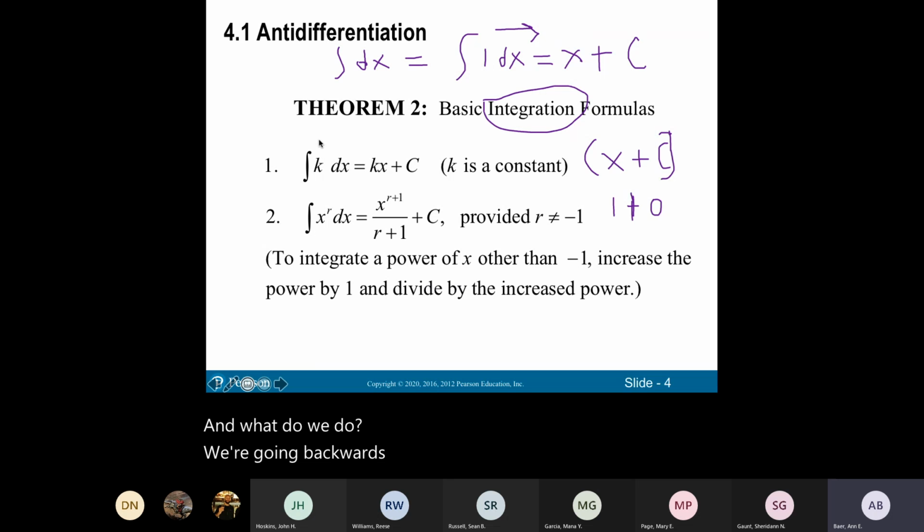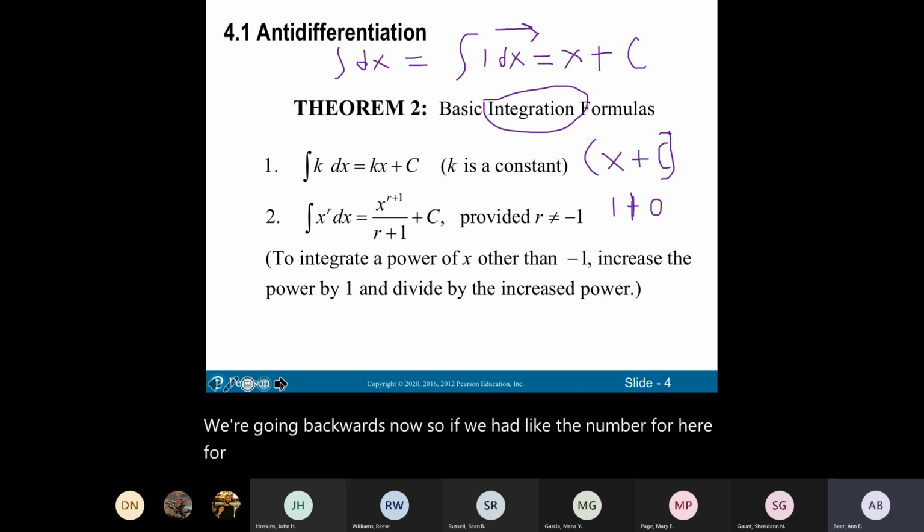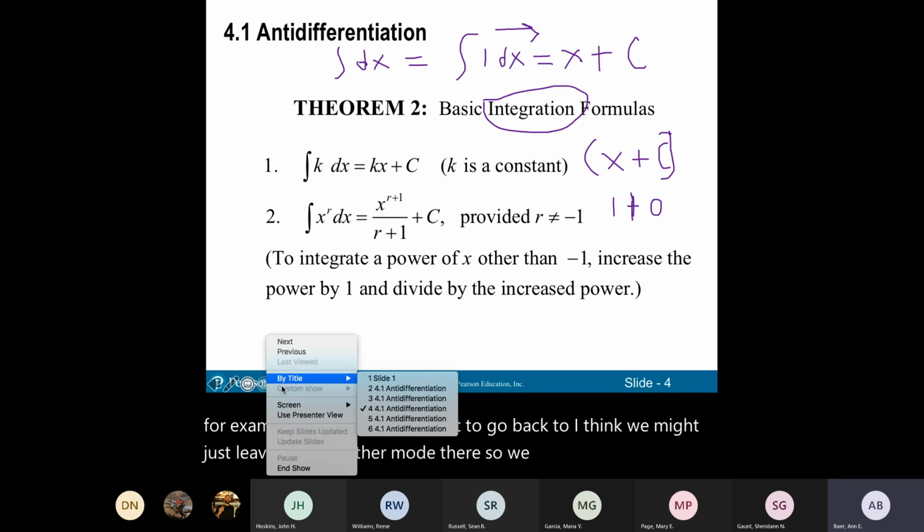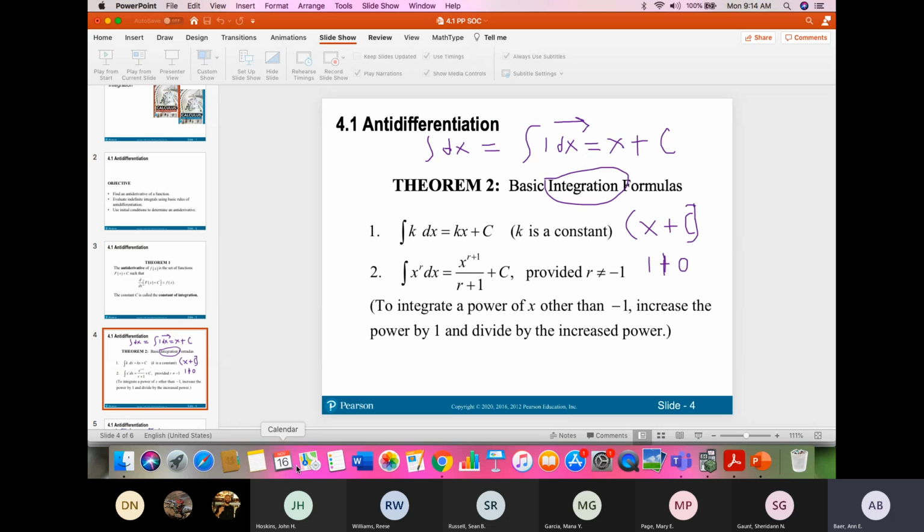So if we had the number 4 here, for example, say I put a 4 here for k, and we want to integrate 4 dx, we're looking for the original function whose derivative is 4.